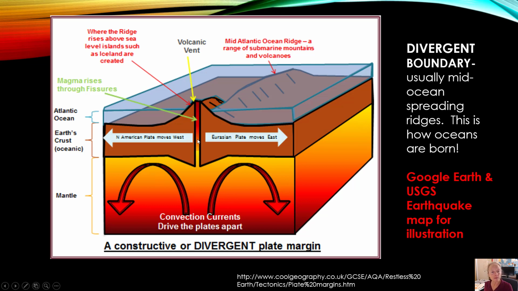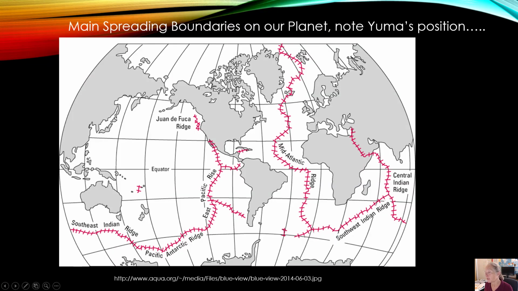Now here it's showing that if this is the mid-ocean spreading ridge, and over here is Eurasia, and over here to the left is North and South America, that the mantle is moving like this. Oops, sorry.